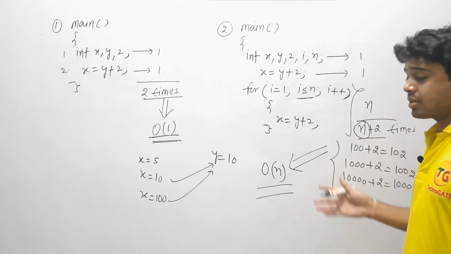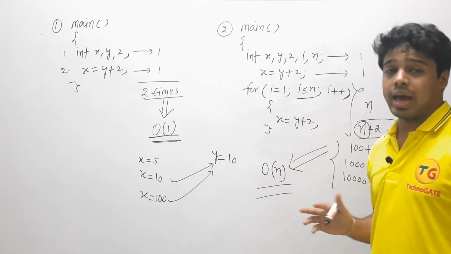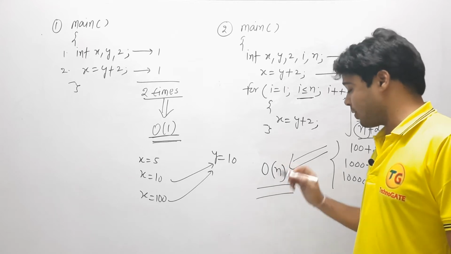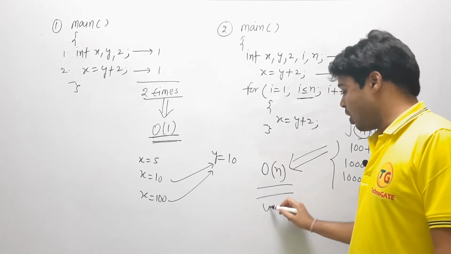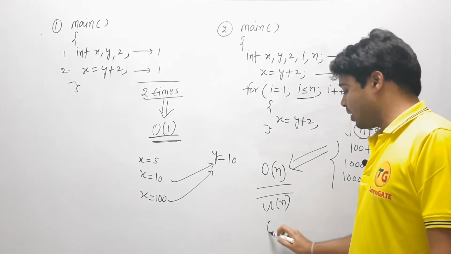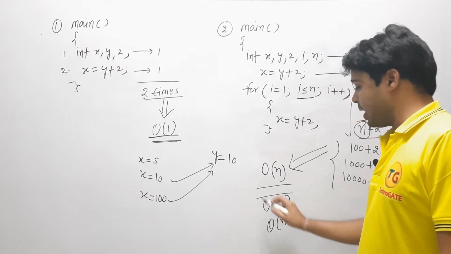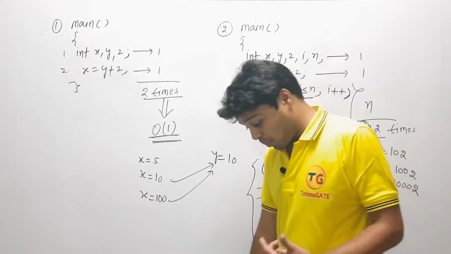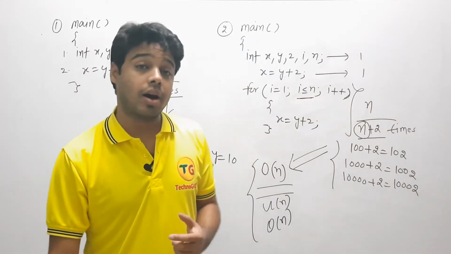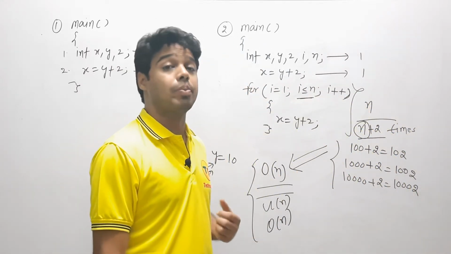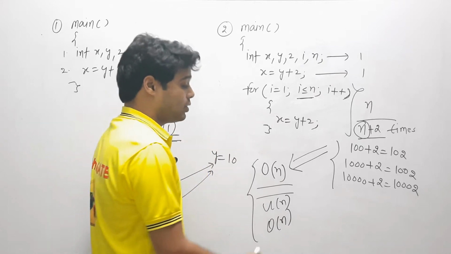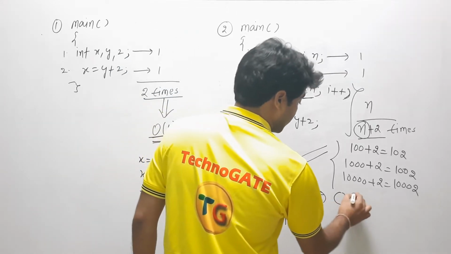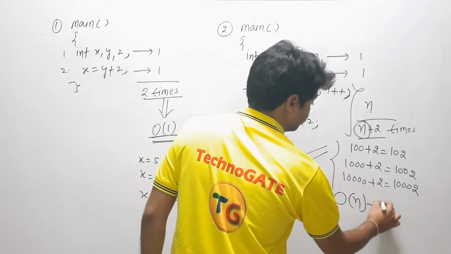Whenever we are asked the time, we can use any one of the notations here, like big O of n, omega of n, and theta of n. We can use any one of the notations whenever we are asked the time complexity. But suppose they ask about the worst case time complexity or maximum time, then we always use big O. Big O notation we use for the maximum time.